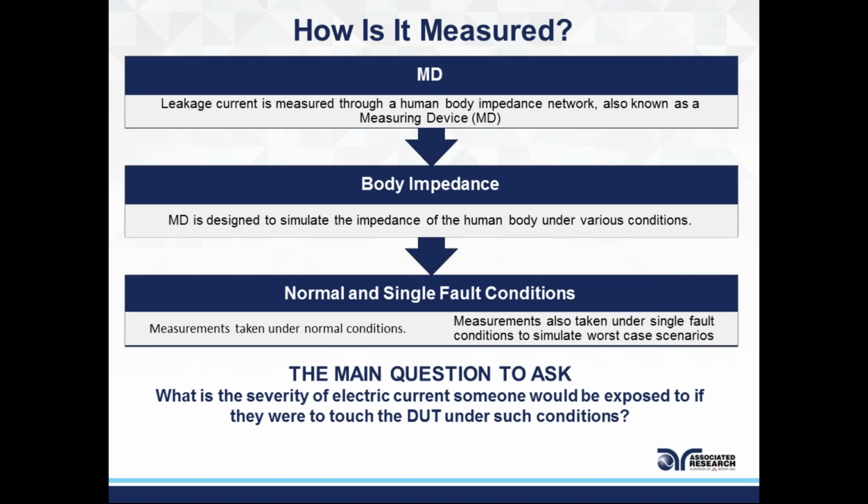There are different types of measuring devices possible for different standards, but the majority of these standards only ask for some kind of capacitor and resistor network to make sure they're covering a broad range of conditions that may happen during a hospital visit or with line power.